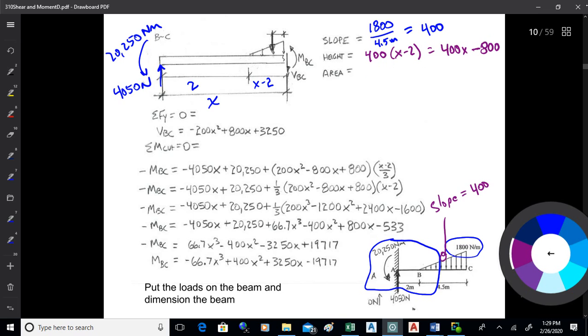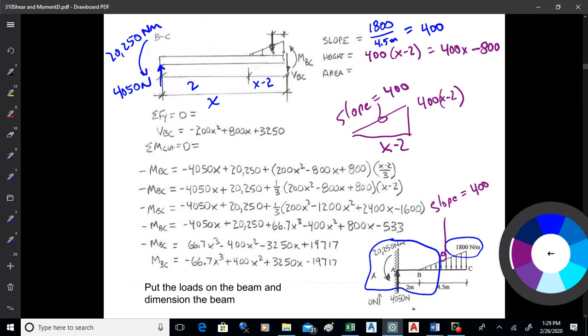So what's going on here is I've got a triangle. I know the slope of this is 400. I know the base is x. So the height is 400x. And actually this base here is x minus 2, isn't it? So this is 400 times x minus 2. So I just found the height, which is 400 times x minus 2.